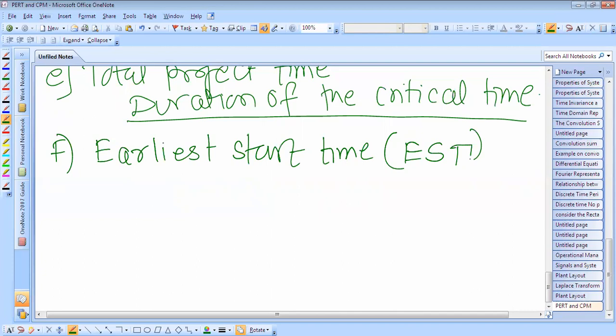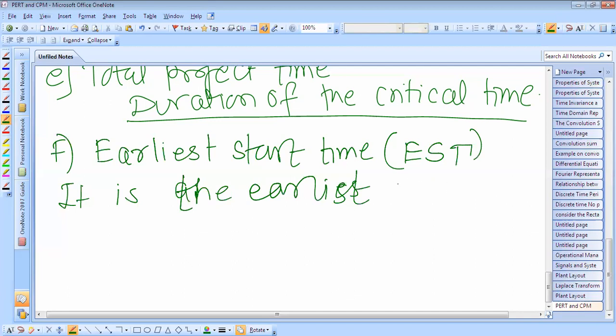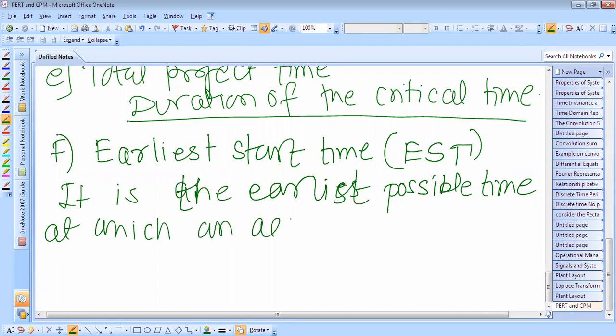It is the earliest possible time at which an activity can start.